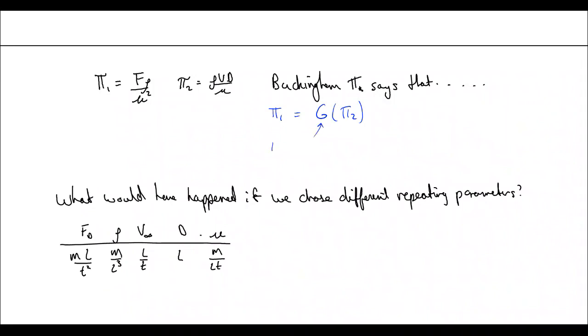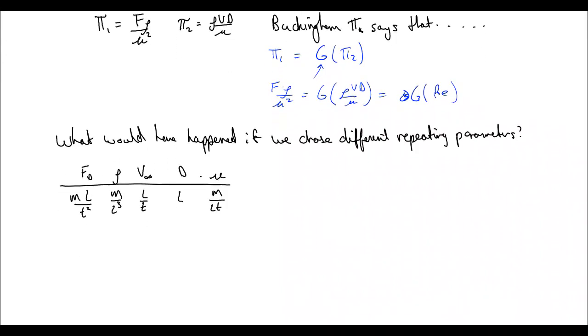So we know that force times density divided by mu squared is equal to some function of our Reynolds number, rho v d over mu. We could also write this as some function of our Reynolds number. And just do that, and that is sufficient.